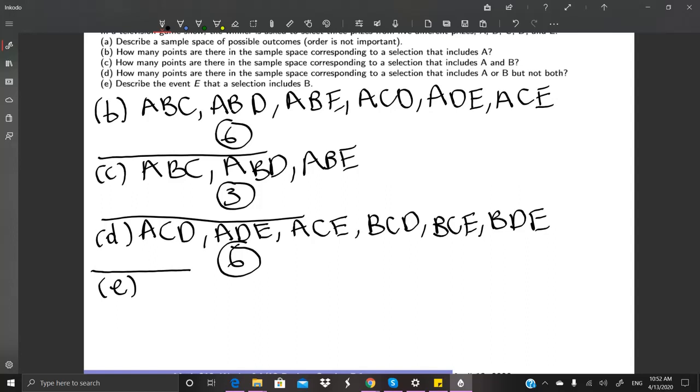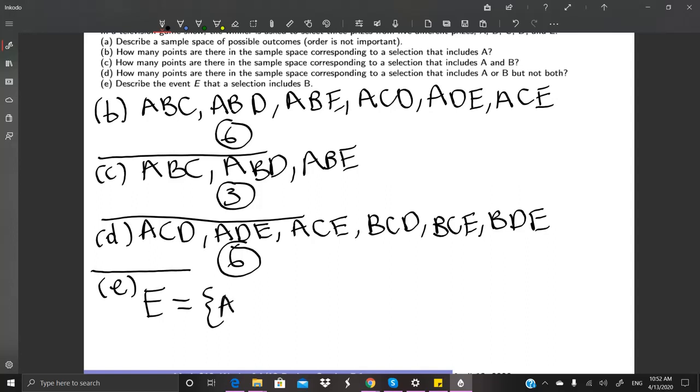So when it's asking you to describe the event, it's asking you to give that subset E, right? So that means E is equal to, as a subset, it's going to be a set itself, and then you just want to list all the elements, right? So all the points, the outcomes of S, that include the letter B.